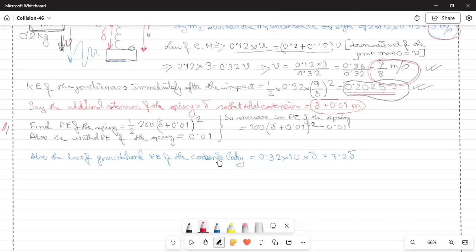the body had a kinetic energy of 0.2025. So let us write this.